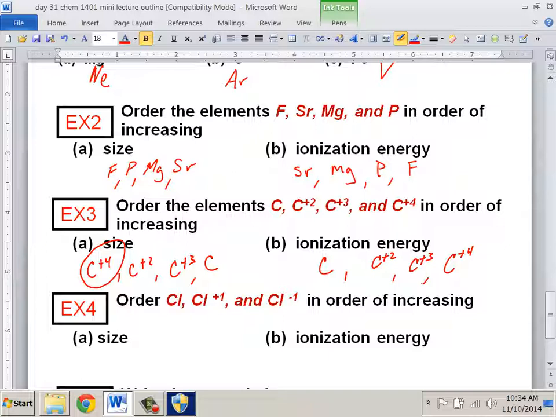So who would you say is the biggest out of these in number 4? Cl minus. Why? Most electrons. Yeah, and it's negative, so those electrons are going to be repelling each other. It's going to be way out there, so make that the biggest.